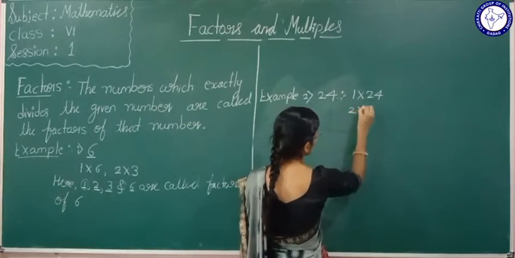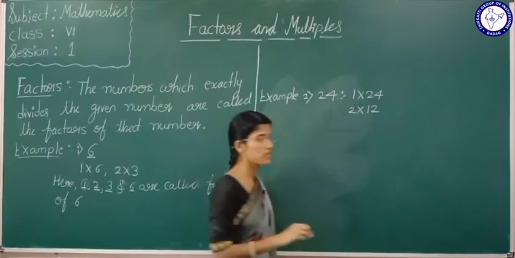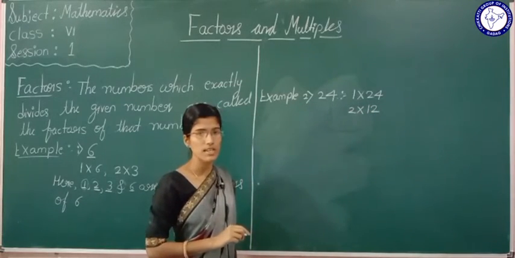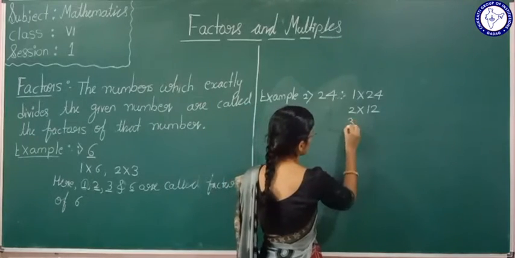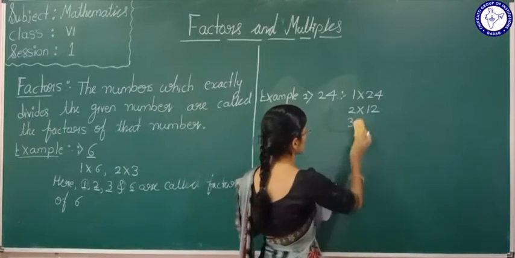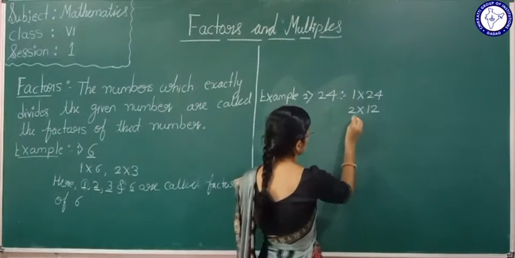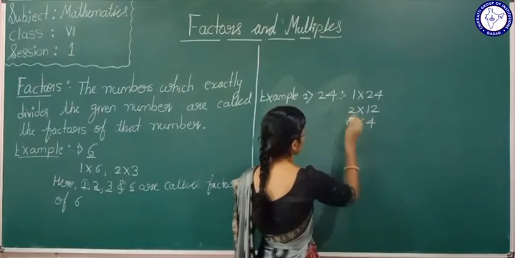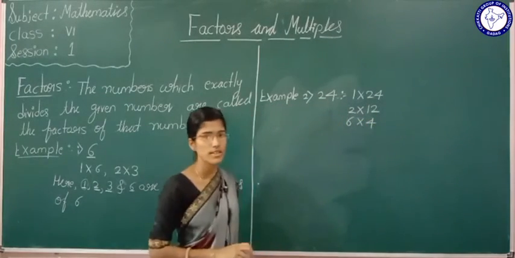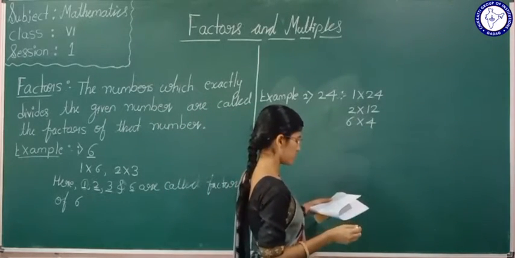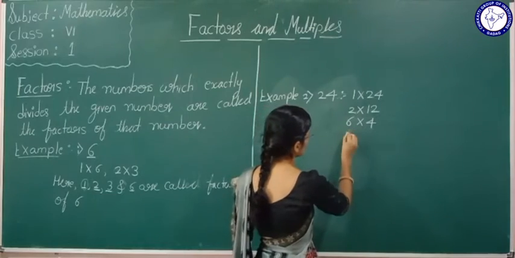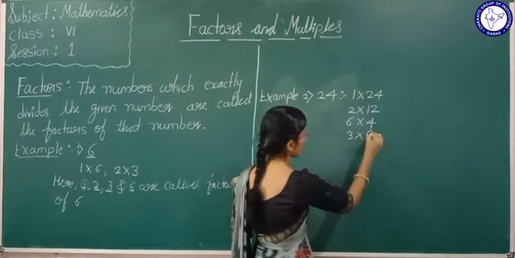Again 2 12s are 24. So again see here, 6 4s are 24. Again 3 8s are 24.